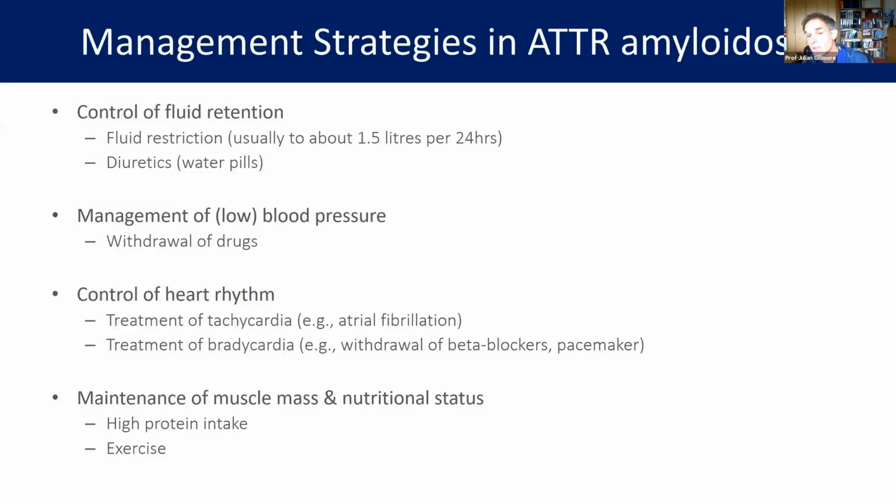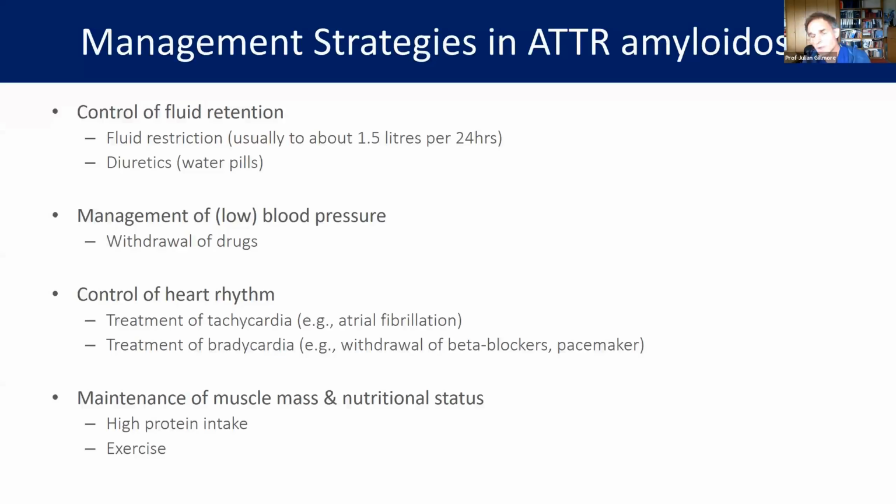And again, some of the treatments that we use to treat heart failure in general, for example, beta blockers, can actually slow the heart down. And sometimes we end up withdrawing those drugs because patients' hearts are beating too slowly. And many of you will be aware that patients with cardiac ATTR amyloidosis whose hearts slow down too much sometimes need pacemakers. So control of heart rhythm is an aspect.